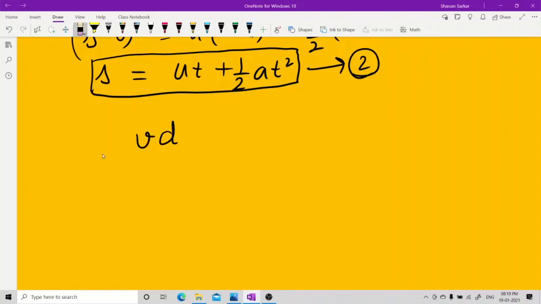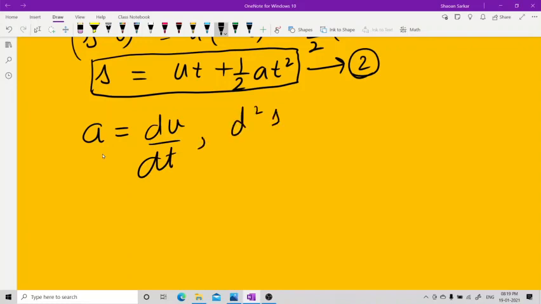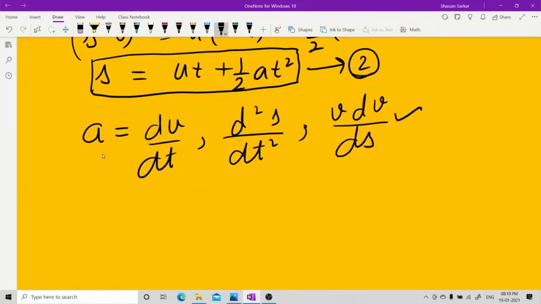I have already told you in my other video, but I'm recapping it here. Acceleration is dv/dt. The next is the double derivative of distance with respect to time. The other is v dv/ds. I'll take this one. See what happens. v dv/ds equal to a.